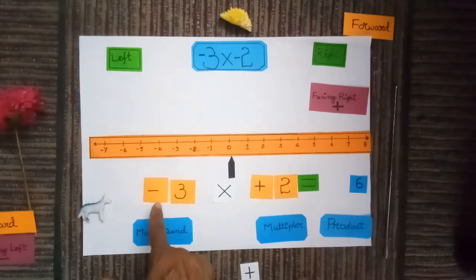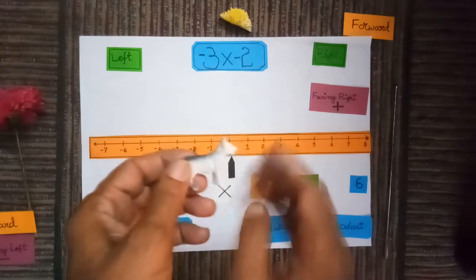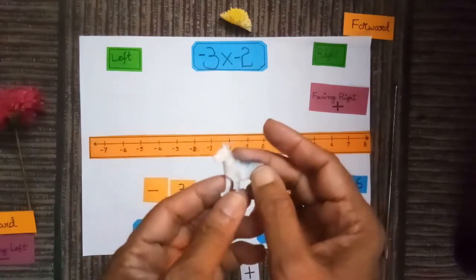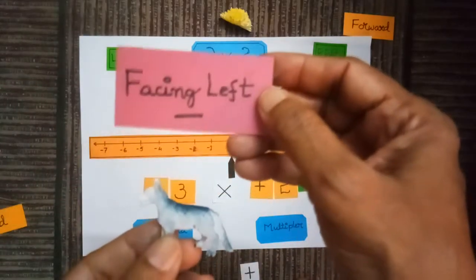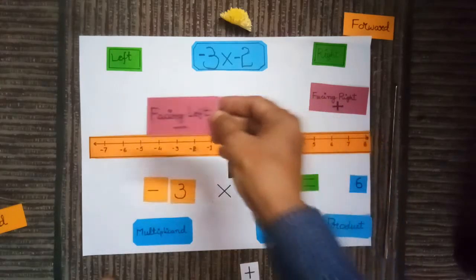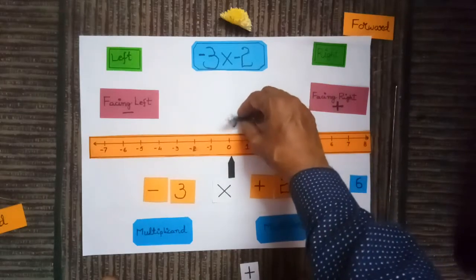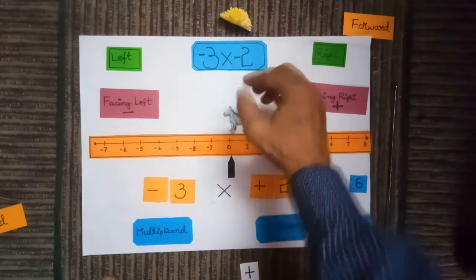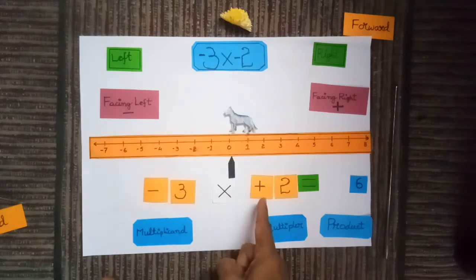Okay. What do you mean by minus 3? Minus 3 means the dog is facing not to the right, but it is facing to the left. Okay. So it is facing left now. So let me keep the dog at 0 but facing towards the left side. So how many jumps is it making? It is going to make 3 jumps.